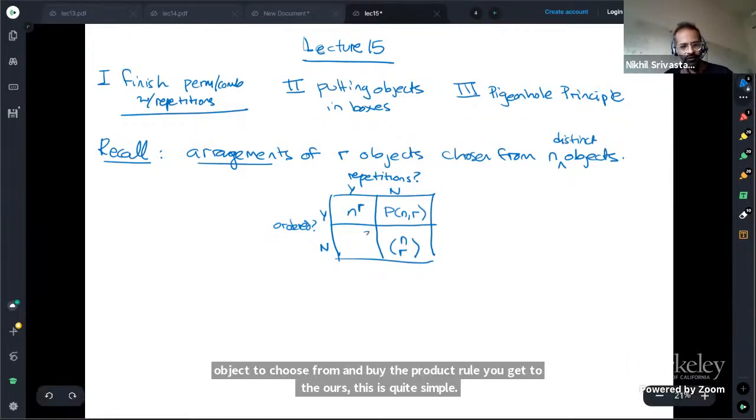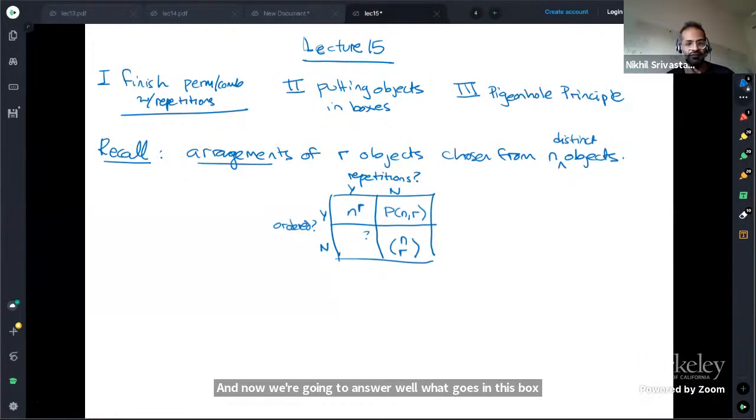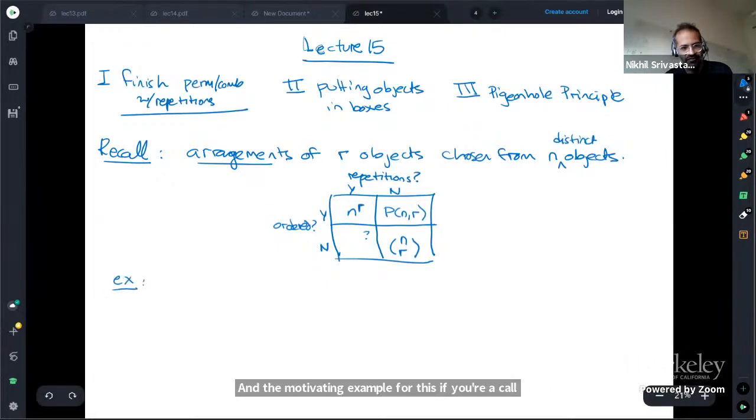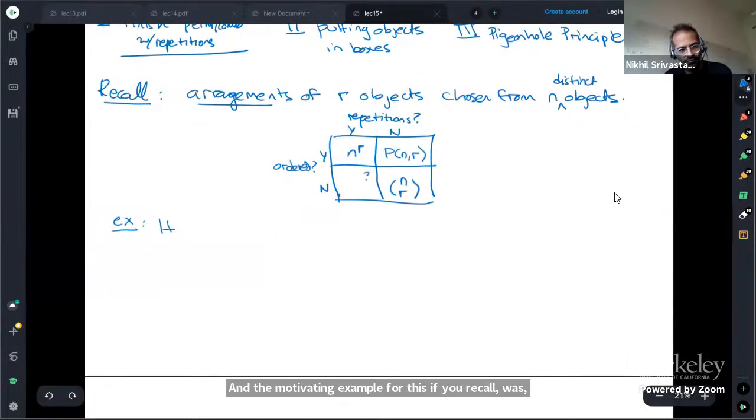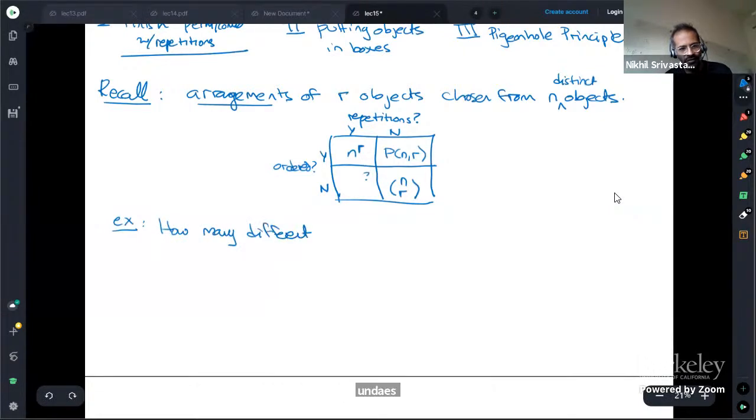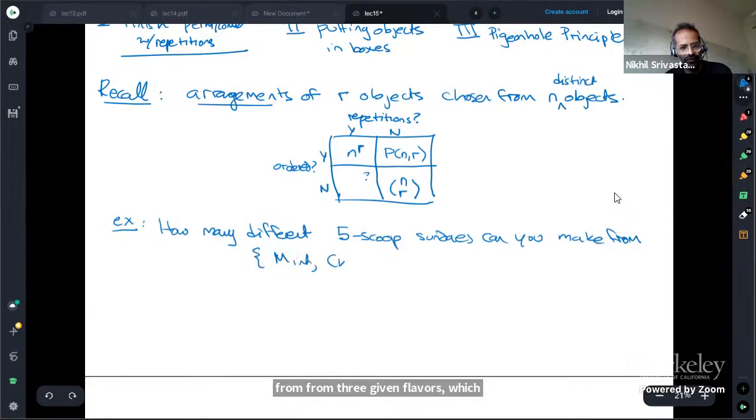Now we're going to answer, what goes in this box? What happens if the order doesn't matter and repetitions are allowed? The motivating example for this, if you recall, was how many different 5-scoop sundaes can you make from 3 given flavors, which were mint, chocolate, and vanilla.